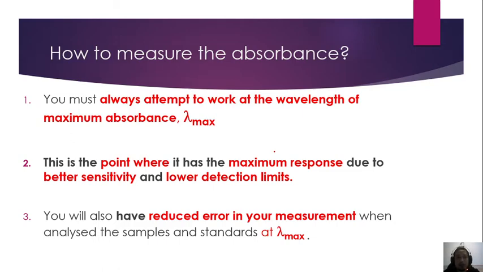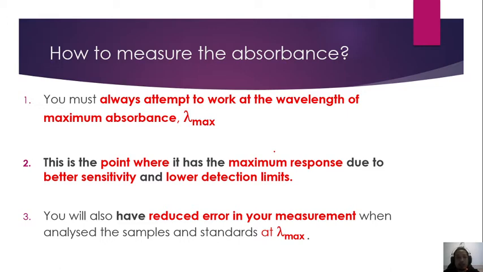So how to measure the absorbance? First, you must always attempt to work at the wavelength of the maximum absorbance, which is a maximum wavelength or lambda max. This is the point where it has the maximum response due to better sensitivity and lower detection limits.